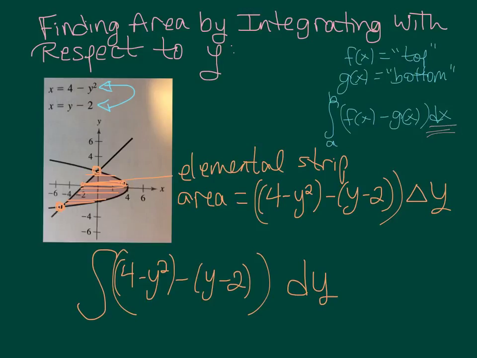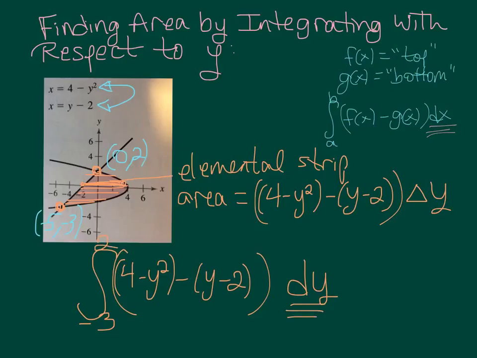Okay. So welcome back. You should have found that the two intersection points are (-5, -3) and (0, 2). Since we're integrating with respect to y, the y values go from -3 to +2.